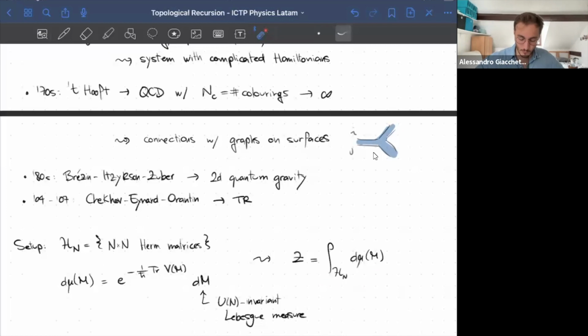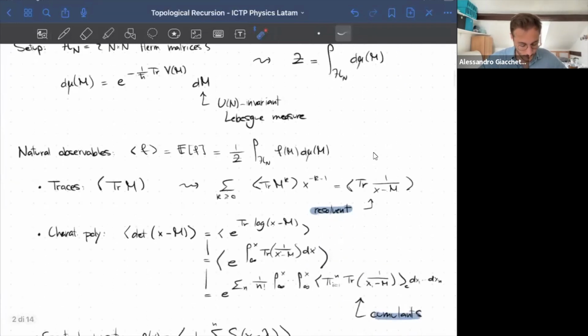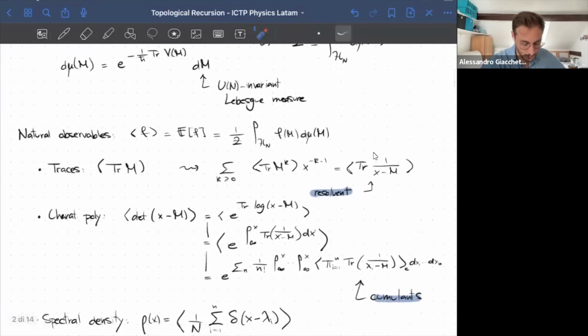Okay, and when you have something like this, there are some natural quantities that you can try to compute. These are observables of this form. I will denote them with this bracket F, so these expectation values are just the integral of F times the measure normalized by this partition function.